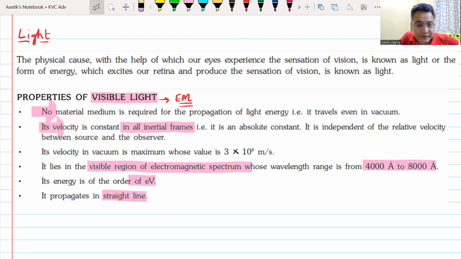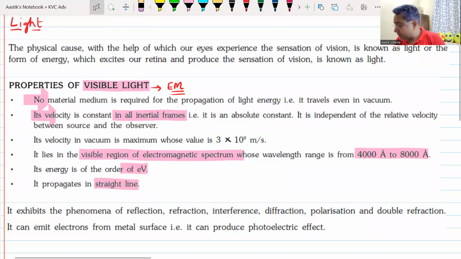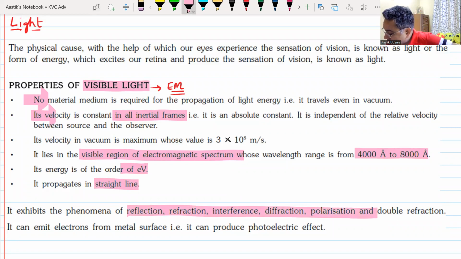Okay, then whenever we talk about light, light can exhibit phenomena like interference, diffraction, polarization, double refraction. It can emit electrons from a metal surface. We have seen this photoelectric effect.